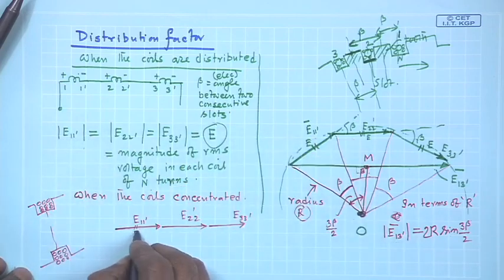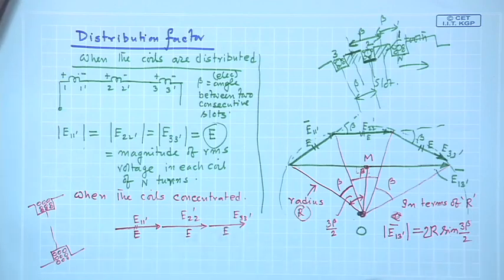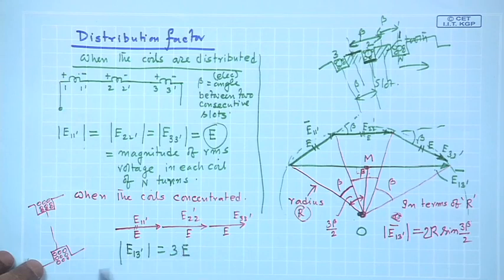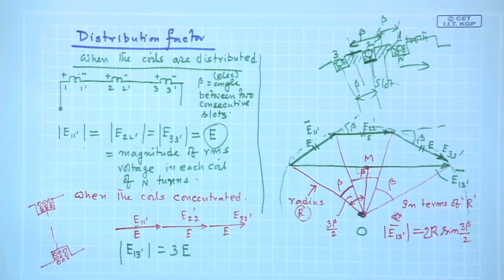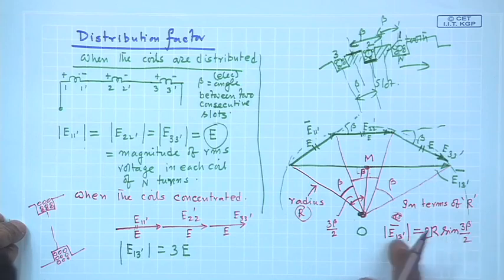So, this is E, this is E, and this is E. Therefore, the resultant voltage in this case, E13 dashed, the resultant of these 3, is nothing but 3 E. Therefore, I have been able to calculate the resultant voltage when the coils are distributed and when the coils are concentrated.